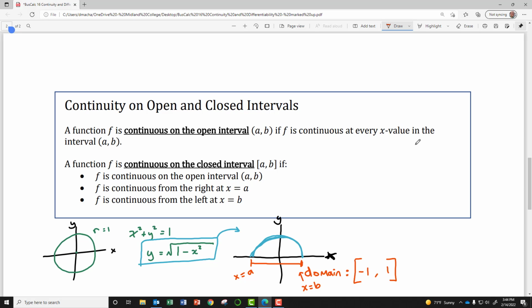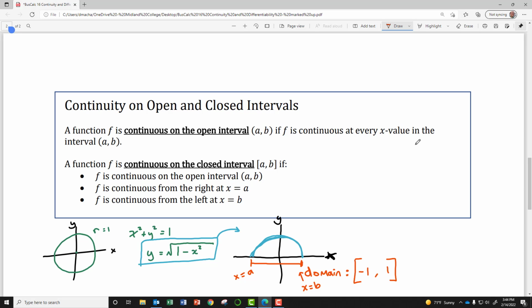And the truth is that yes, it is continuous from the right at the point x equals a and continuous from the left at the point x equals b, because if you evaluate the function at -1 and you evaluate the right-sided limit at the point x equals -1, those are the same value.